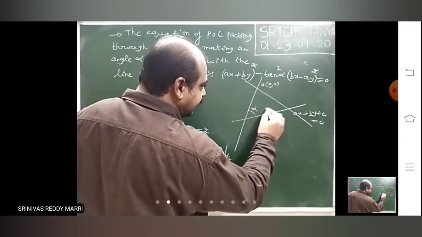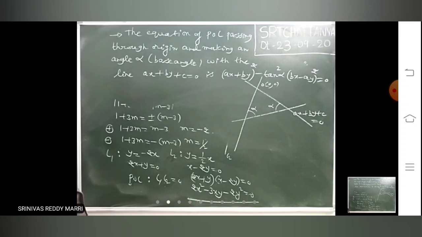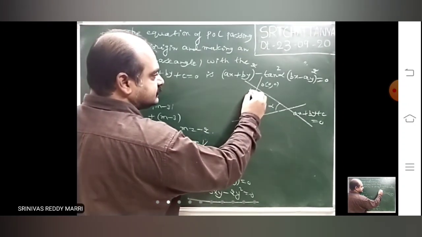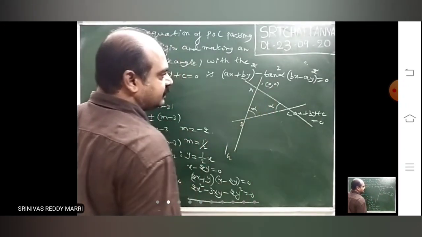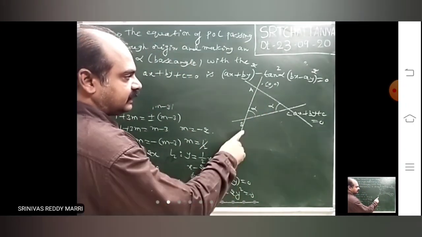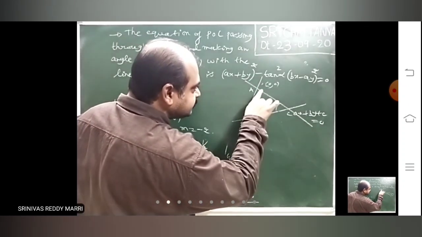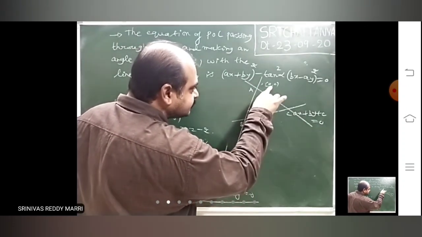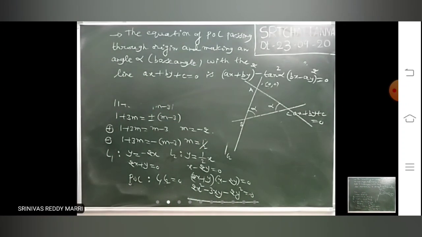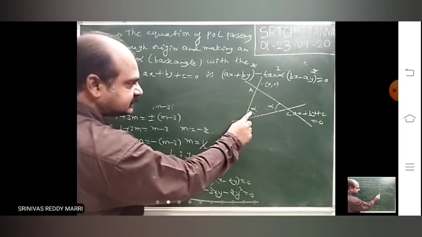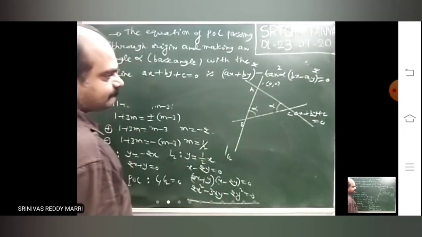This is called the base angle of the triangle. So let us say this is A, this is B, this is C. A is origin. Two lines which will intersect at the origin A and make equal angles with AX plus BY plus C equals 0. This is called the base angle.